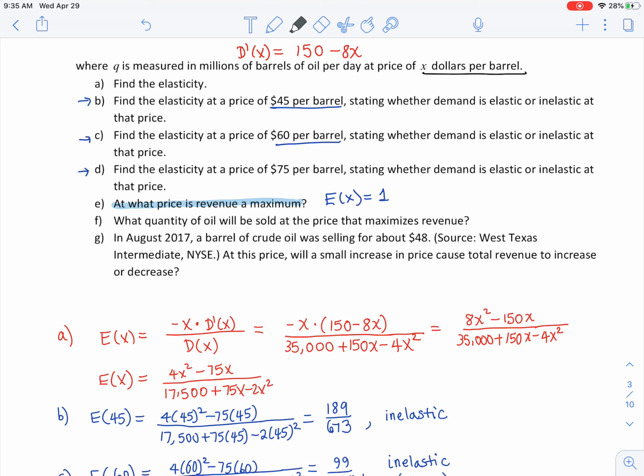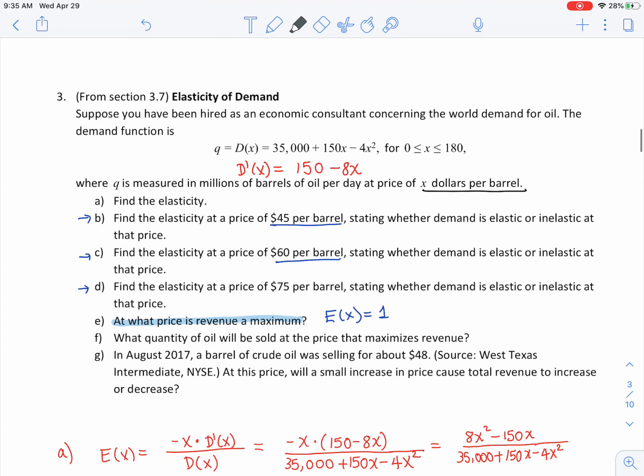Let's do F. What quantity of oil will be sold at the price that maximizes the revenue? Now, F cannot be solved without figuring out the answer for E, right? What we're going to do is simply plug in the answer that we just got, $67.93, into which function then? What quantity of oil?